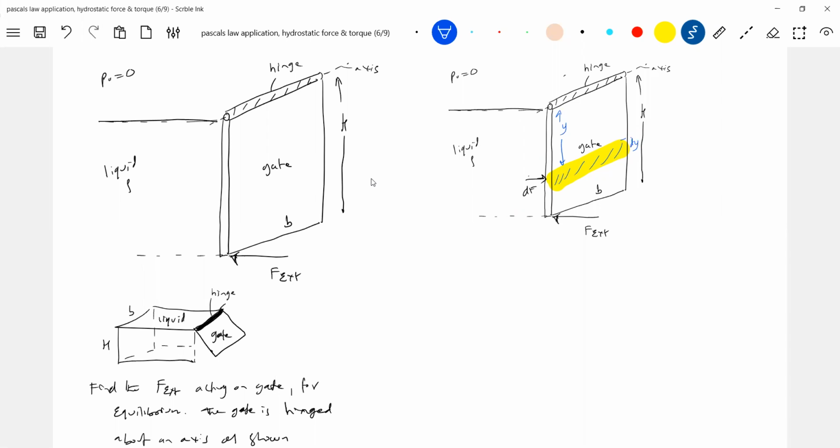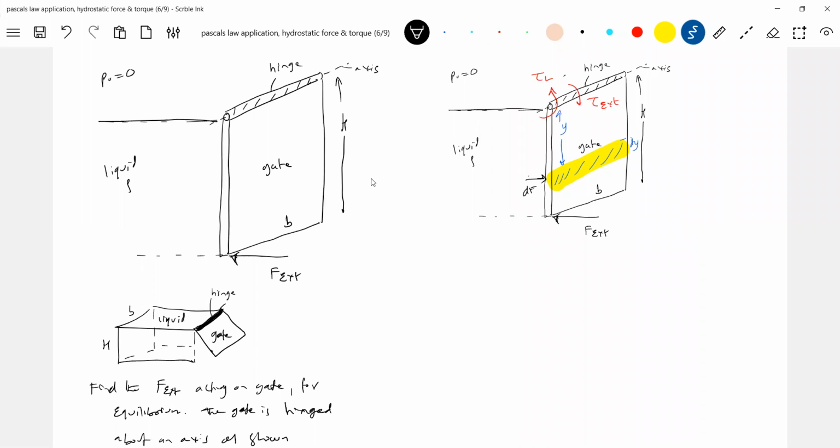The force exerted by the liquid on this strip will set up a torque. So what is the sense of the torque? It will be like this. Then what is the sense of the torque by the external force? The external force will set up a torque in this sense. If these two torques are equal, what happens? The gate will be in equilibrium.